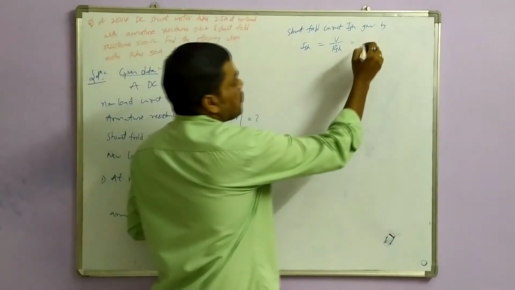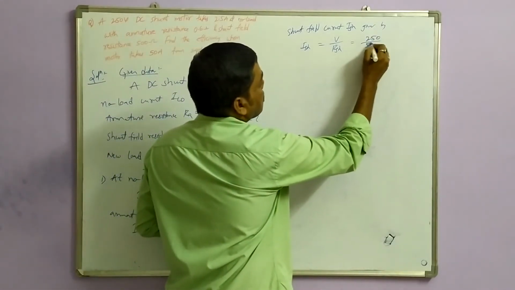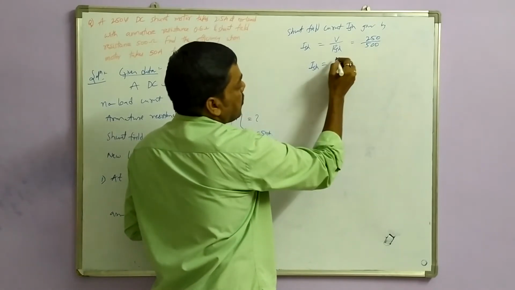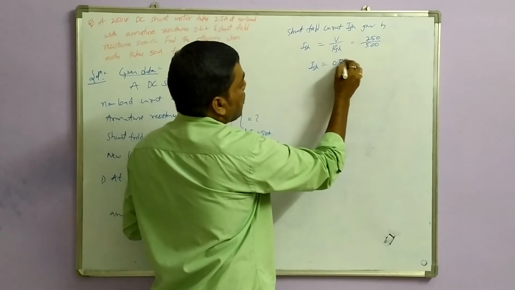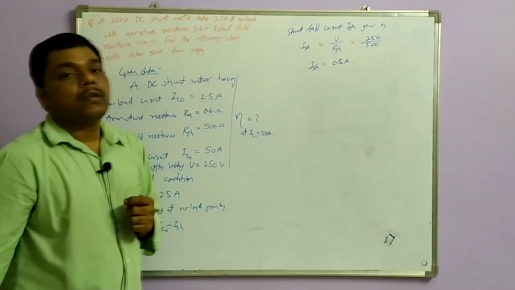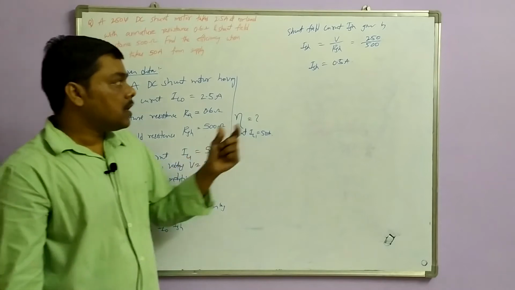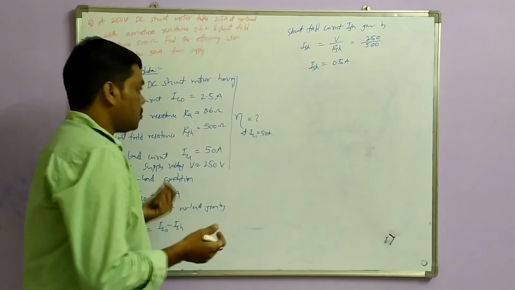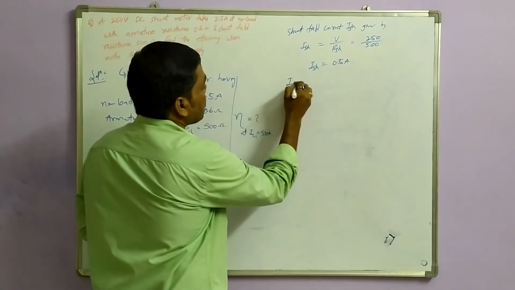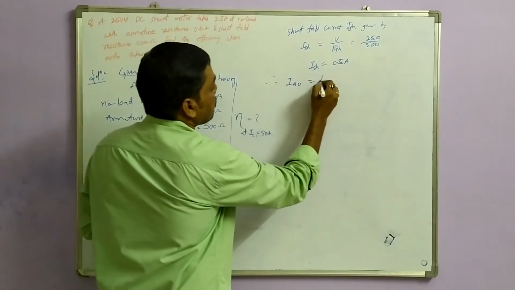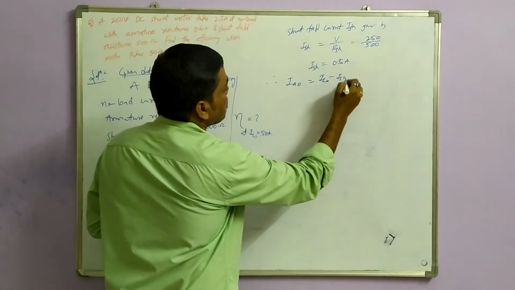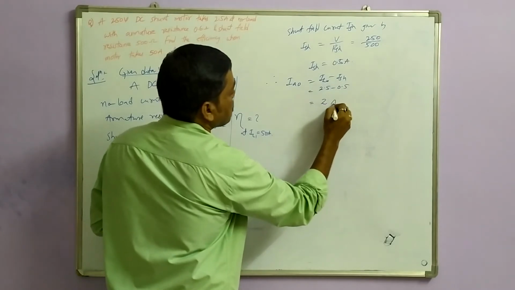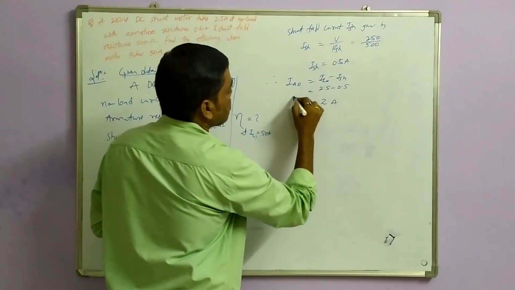Now V is 250 volts and RSH is 500 ohms, so ISH is 1 by 2, 0.5 amperes. Now the shunt current is 0.5 amperes. What will be the armature current? No load armature current Ia0 is equal to IL0 minus ISH, so 2.5 minus 0.5 is 2 amperes.